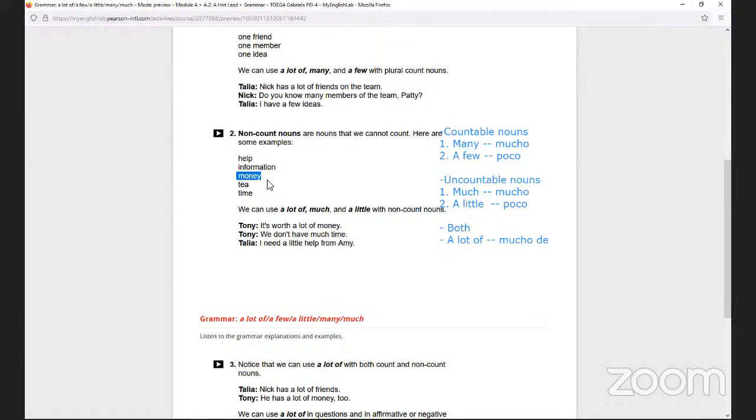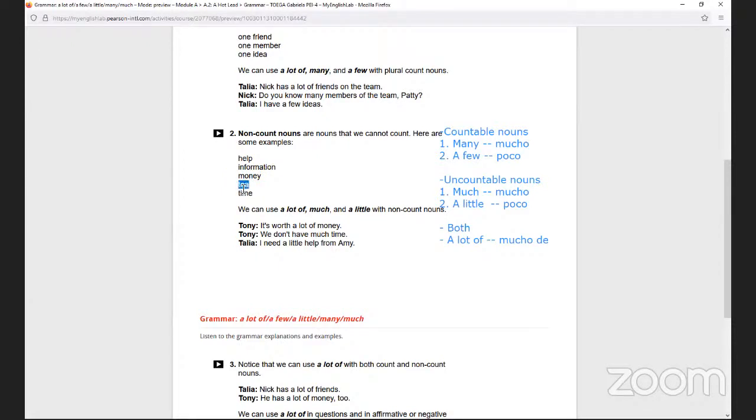But I can count if I categorize it by the name of the currency, for example, 10 Bolivians, 9 Bolivians, okay? Or maybe dollars. In that case, we can use the numbers, okay? So what happens with the others?